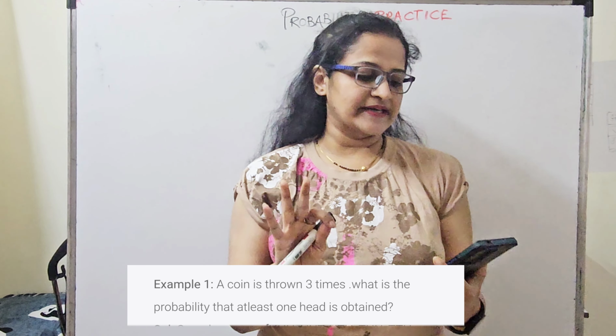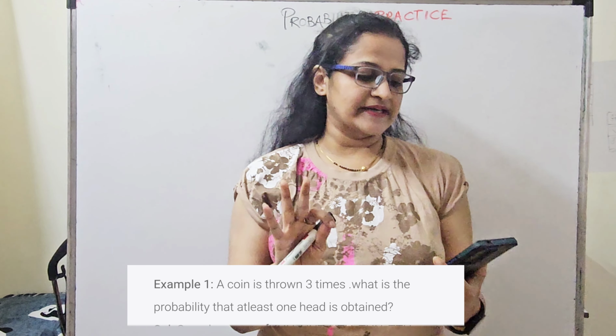So how many elements are there here? 2, here 2, here 2. What is going to be the total sample space when the coin is tossed 3 times? We are not interested in each run; we are basically looking for the outcome after tossing the coin 3 times. So the combined output we are interested in.